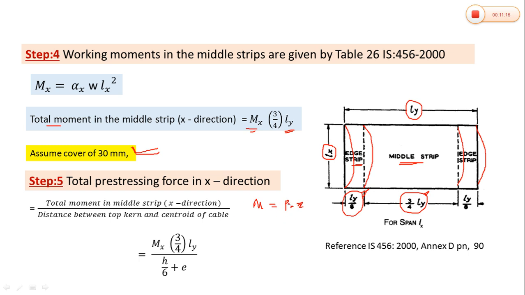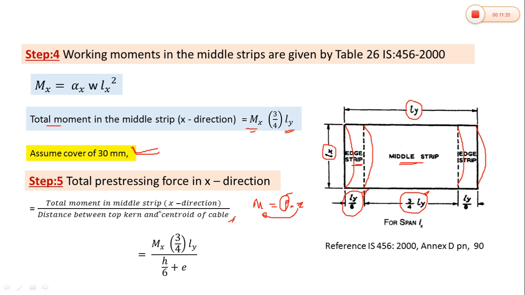So the prestressing force P we can calculate by taking the lever arm to this side, so multiplication becomes division: total moment divided by the distance between the top curve and the center of the cable. This is the lever arm.